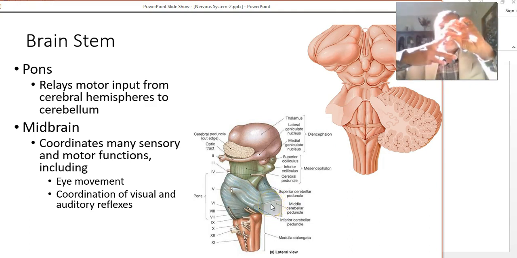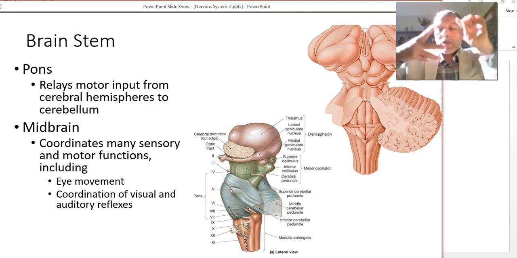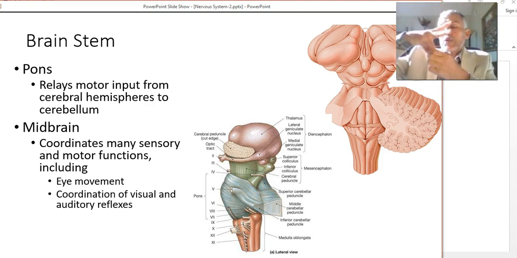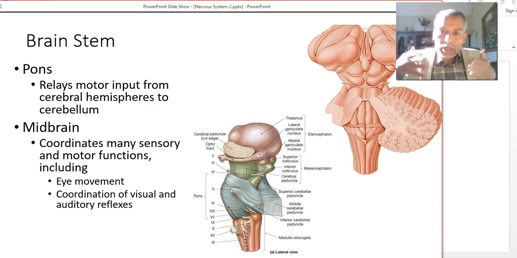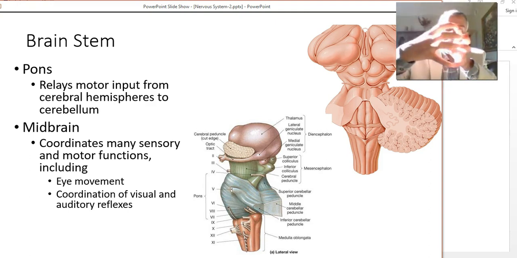So again, superior goes to the higher levels of the brain, and inferior goes to the spinal cord. And then the middle goes out and kind of fans out and branches and comes around and makes this structure like this.